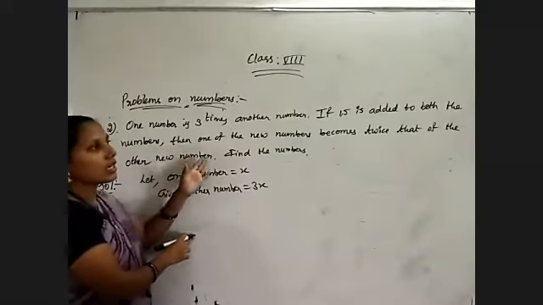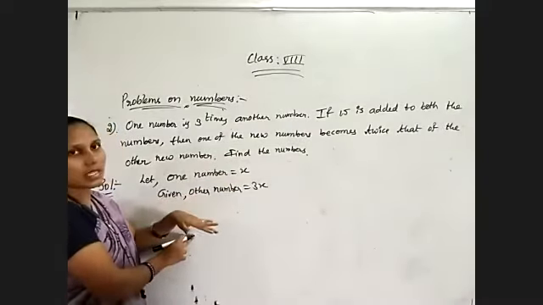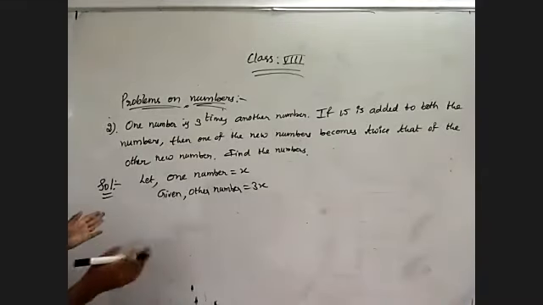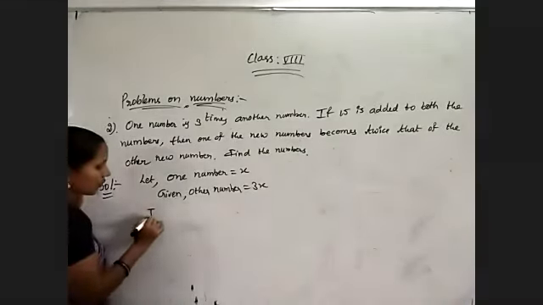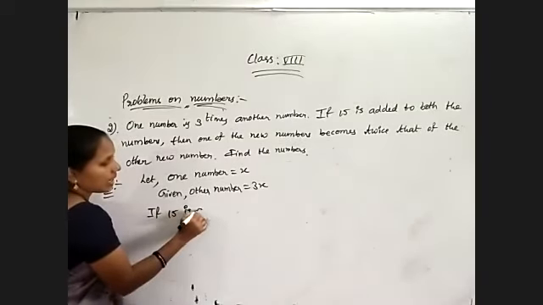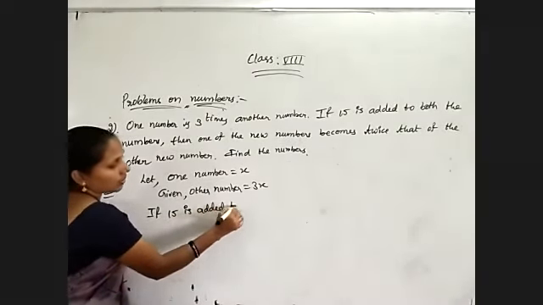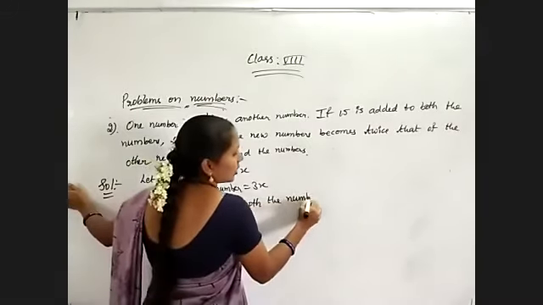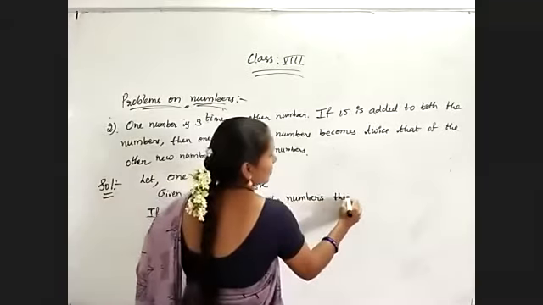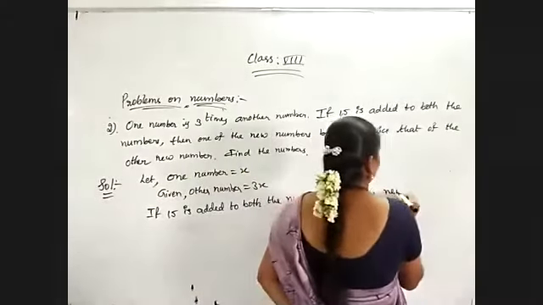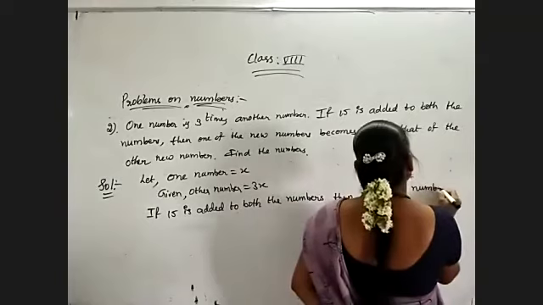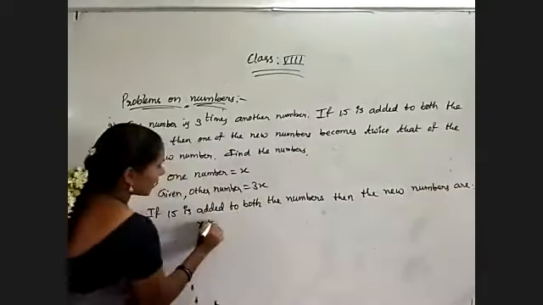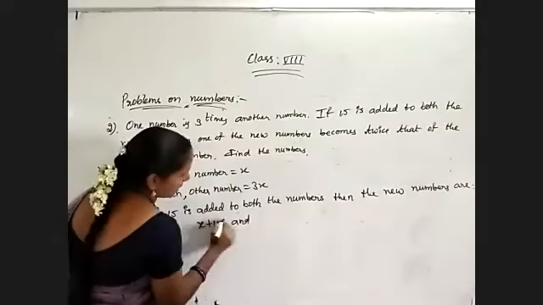One number is twice the other number, that is, the greater number must be equal to twice the smaller number. So if 15 is added to both the numbers, the new numbers are x plus 15 and 3x plus 15.